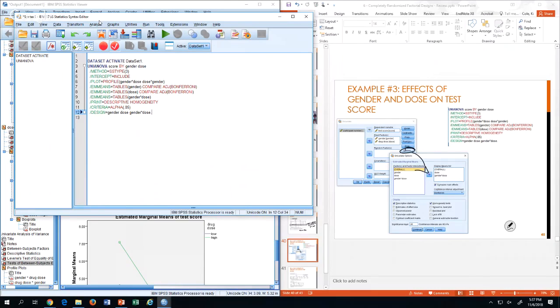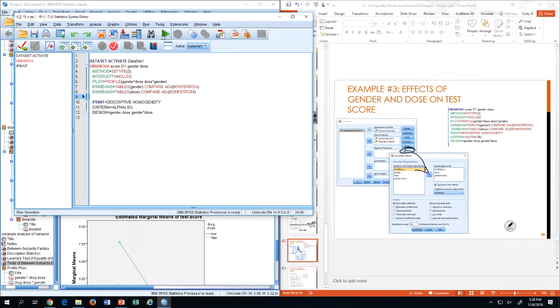Okay, did you get that output? Okay, let me look at something in my notes because I was playing around with this earlier today. I want to verify. Okay, so we want the compare, adjust Bonferroni. I'm going to experiment for just a second.